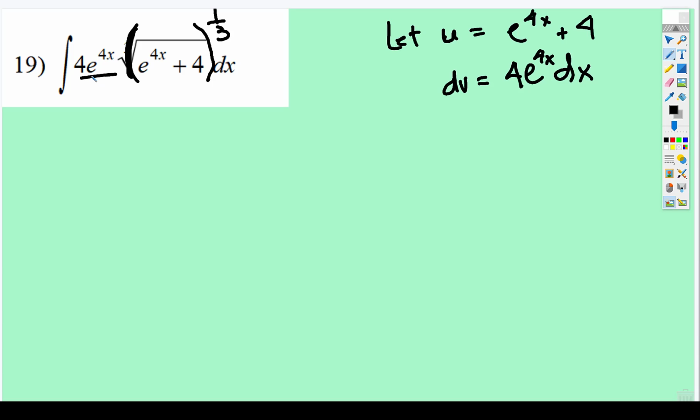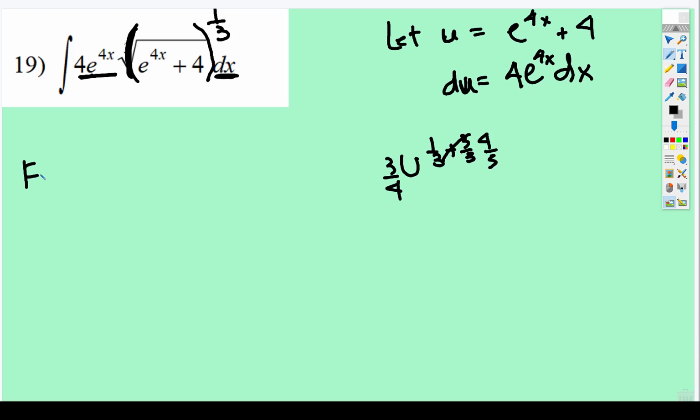And that's what we have on the outside, so all of that stuff right there is du. All right, and then what we have is u to the 1/3. So we're going to add 1, that's 4/3, and then we divide, so we end up multiplying out front by 3/4.